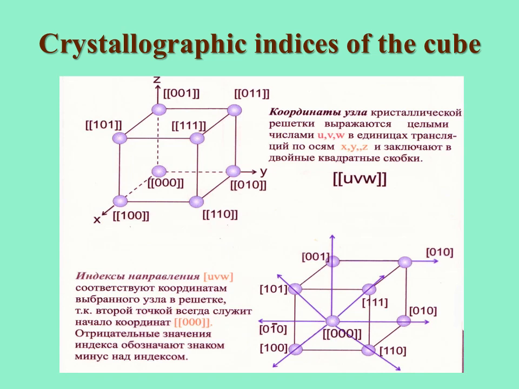Here you can see the crystallographic indices of the cube. The origin of the coordinate system: the symbol of this point is 0, 0, 0. For example, the symbol of this unit is 1, 0, 0. The symbol of this unit is 1, 1, 0, then 1, 1, 1, and for the coordinate z it is 0, etc. And here you can see the symbols of directions of the cube.